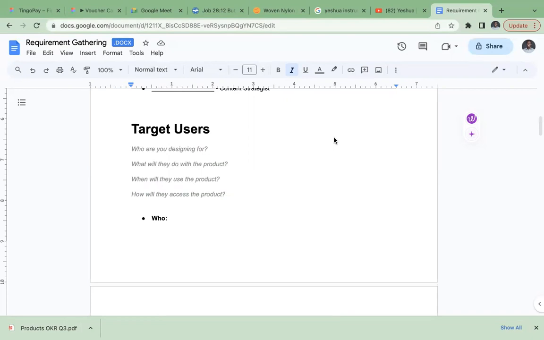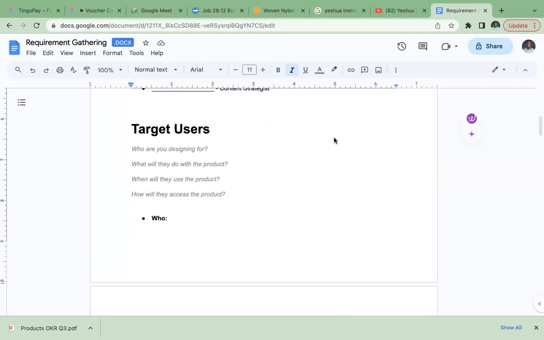Is it in fintech? Is it in communications? Is it in transportation? Are they workers? What's their age range, their age bracket? You need to understand who we are designing this product for. So those are the target users. Now you need to also note, what would you do with this product? What would you do with it?